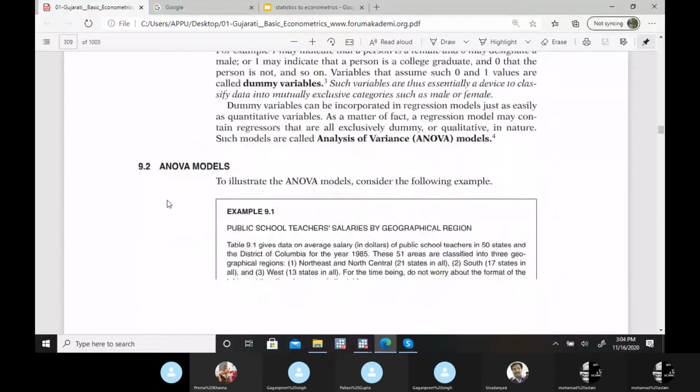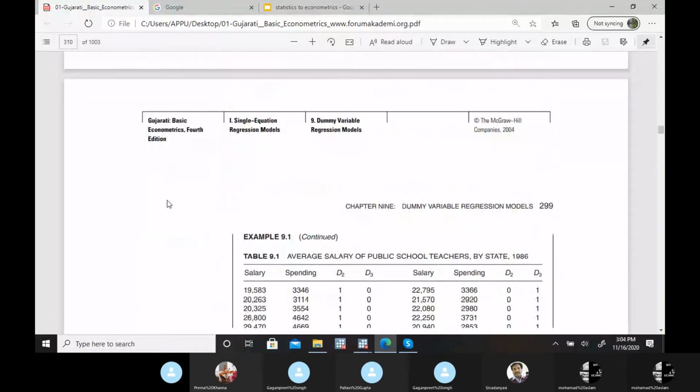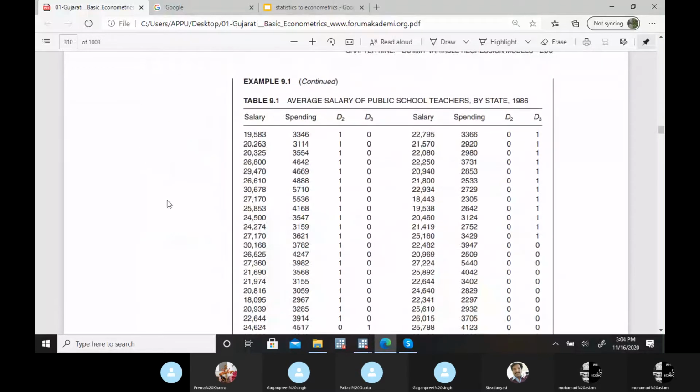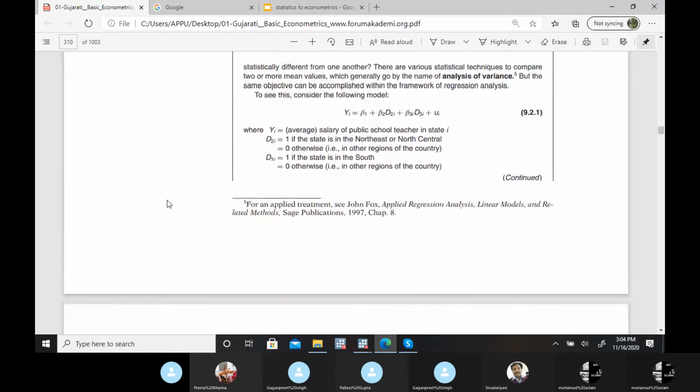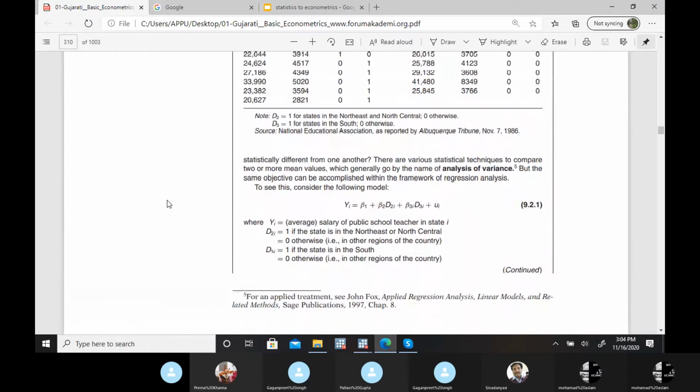Let's suppose we have this particular study where we have data for the average salary of public school teachers by state, and the dummy variable here is geographical. If the state is northeast or north central, this geographical dimension we are going to put as a dummy variable.